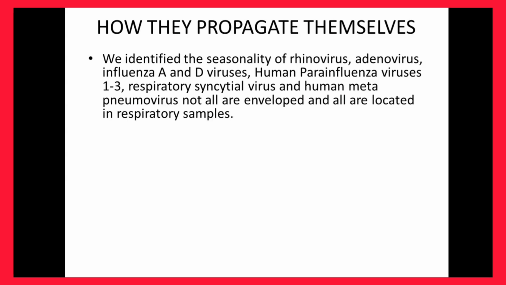The adenovirus is a naked virus, it's not enveloped. The influenza A and B viruses are enveloped. Human parainfluenza, RSV, human metapneumovirus. Not all are enveloped and all are located in respiratory samples. So you can get them in the respiratory samples, and that is where they really propagate themselves.